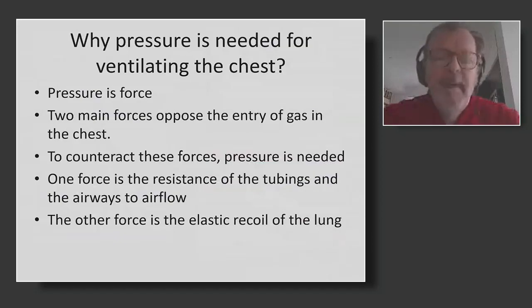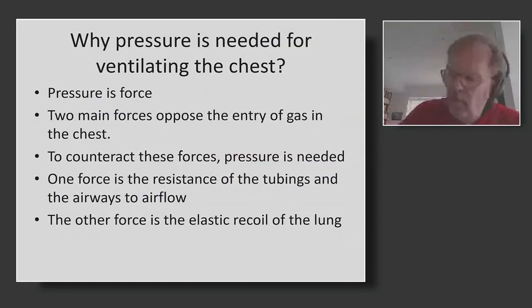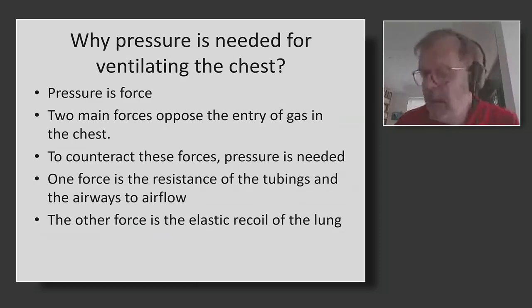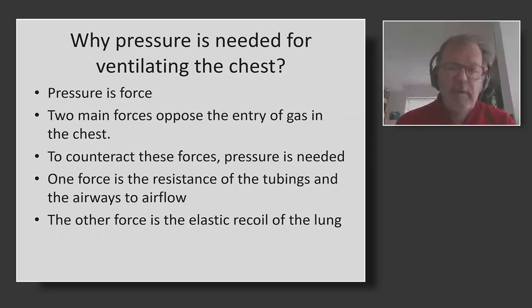So the basic question is why does ventilation generate pressure? Why is pressure needed for insufflating the lung and ventilating the chest? So if we say that pressure is force, there are two main forces which are opposed to the entry of gas in the chest.